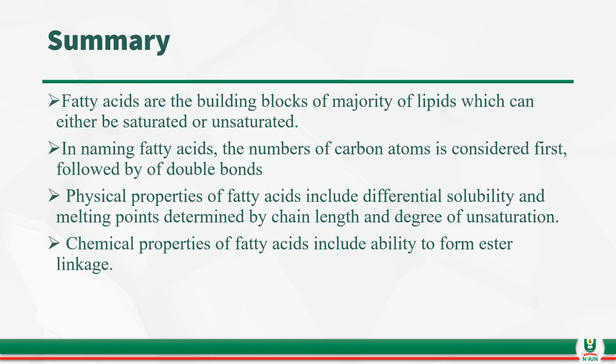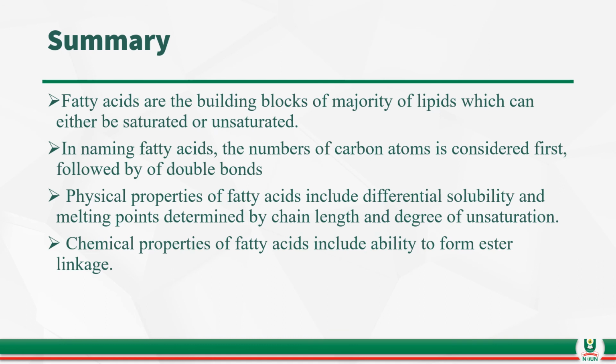So at the end of this class, we have been able to note that fatty acids are the building blocks of the majority of lipids, and they can either be saturated or unsaturated. We have also learned that when we have to name fatty acids, we name them according to the number of carbon atoms, then according to their double bond or single bond, depending on what they have.